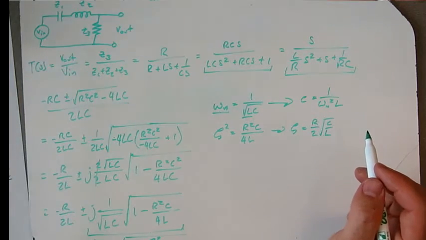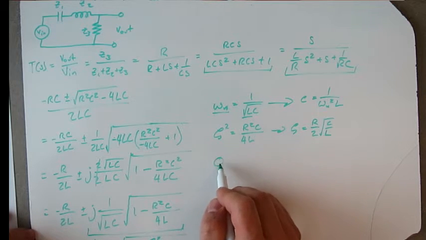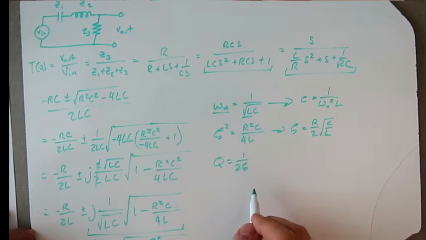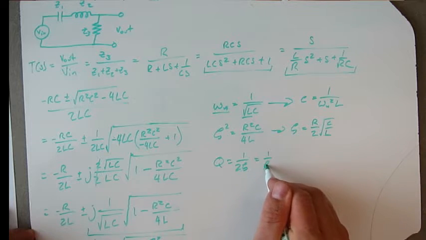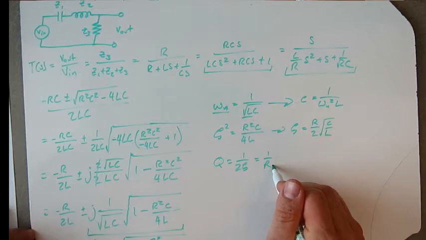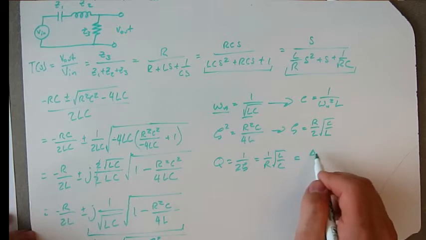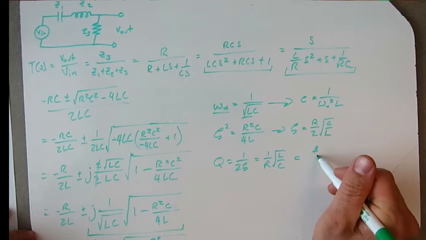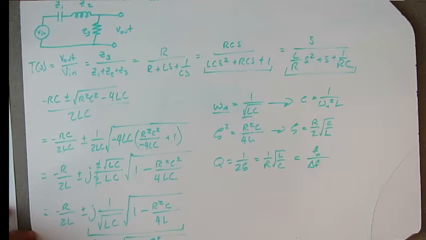All right, and we also have Q equals 1 over 2 zeta. So that's going to be 1 over R square root of L over C. But we also know that this is the center frequency, or the natural frequency, over the frequency bandwidth.